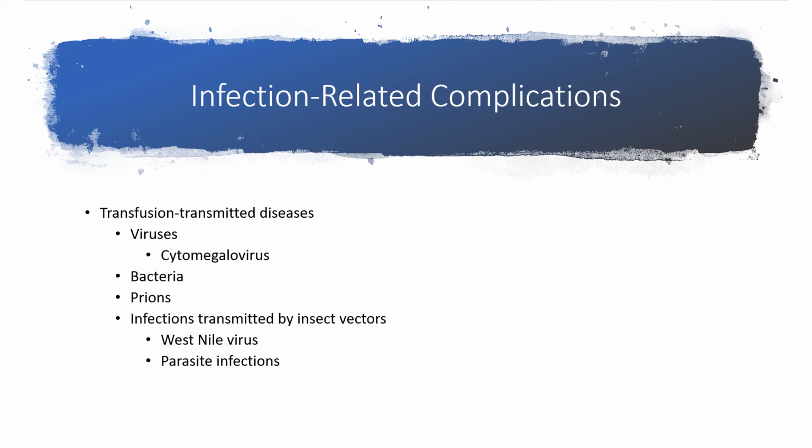A wide variety of organisms, including viruses, cytomegalovirus, bacteria, prions, or parasitic infections, like West Nile virus, can be transmitted through blood transfusion. The use of a standard donor screening questionnaire as well as lab tests help to reduce the risk of infectious organisms being transmitted by the blood transfusion.